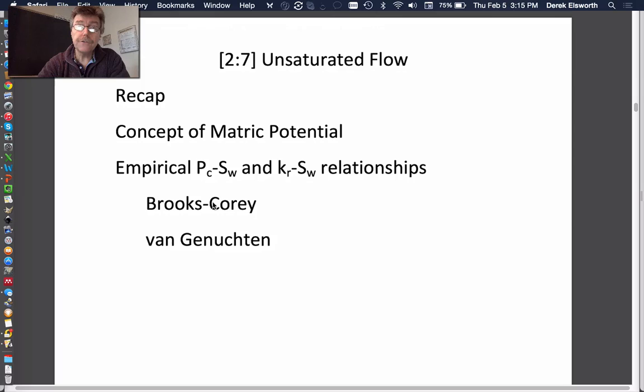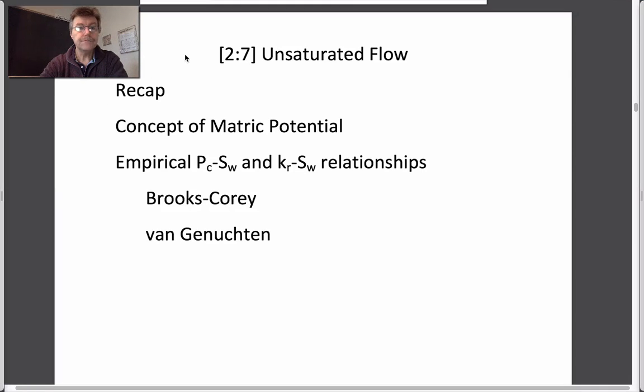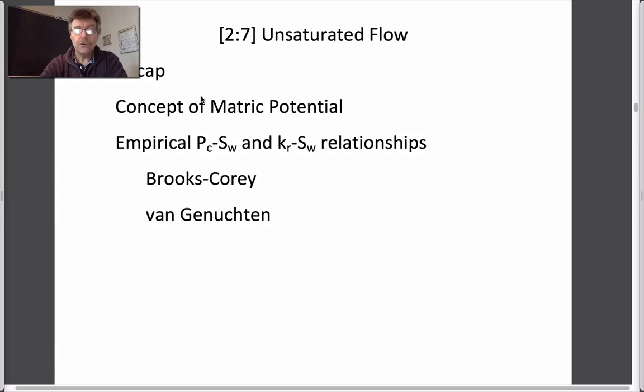So the reason for, hopefully not belaboring this, but spending a decent amount of time talking about this is the idea that although we've talked about non-aqueous phase liquids in groundwater, the behavior for water and air in the system is exactly the same as water and DNAPL.